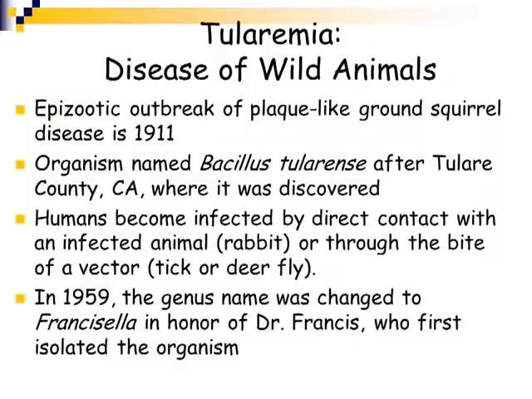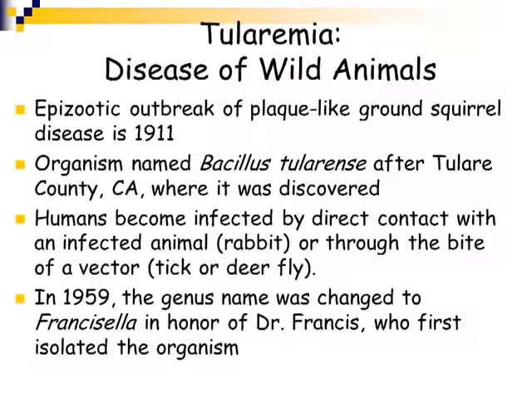So tularemia is more commonly a disease of wild animals. In 1911, there was an epizootic outbreak of a plague-like illness in ground squirrels. The organism at that time was called Bacillus tularensis, named after Tulare County, California, where the organism was discovered.